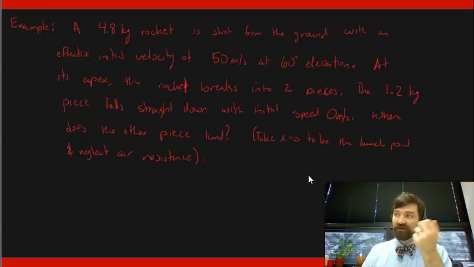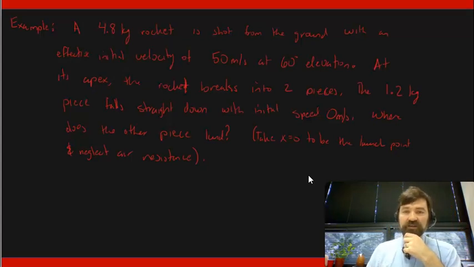Instead of figuring out exactly how fast it's going and in what direction and so on, let's just treat it as if we know the information of an equivalent object that's simply launched from the ground instantaneously with an initial speed and direction, or an initial velocity.